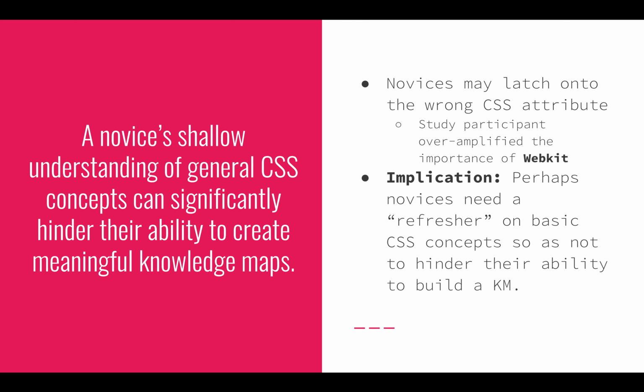The third takeaway is that a novice's shallow understanding of general CSS concepts can significantly hinder their ability to create meaningful knowledge maps. Novices may latch onto the wrong CSS attribute.